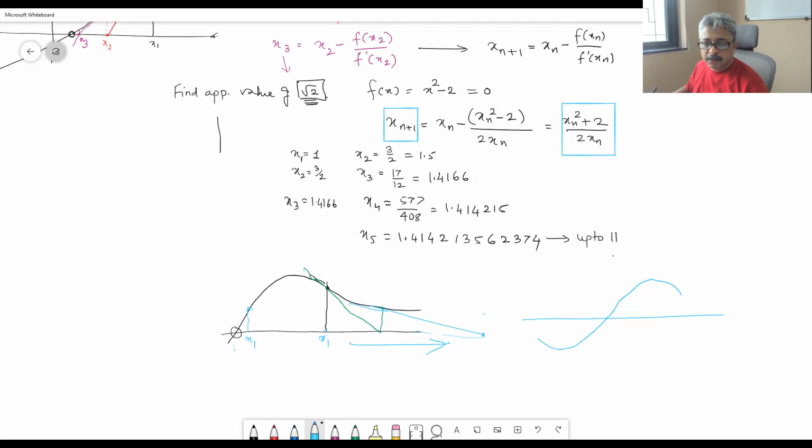Maybe you reach here, maybe you draw a tangent here, which goes and reaches here.